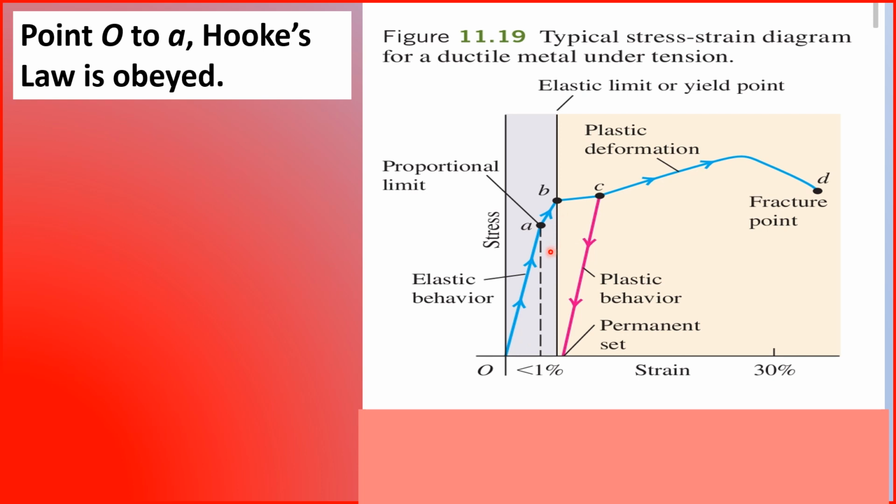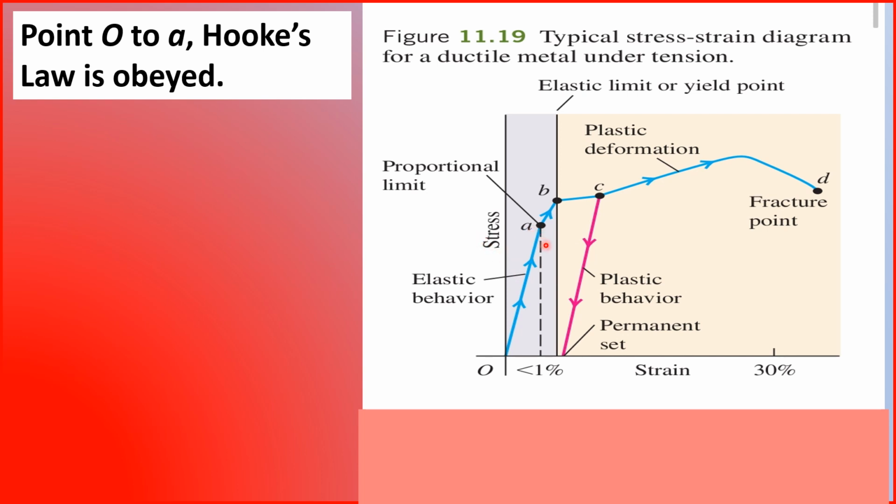So we call this point A the proportional limit. The straight graph line colored green shows the elastic behavior of this ductile metal that is under tensile stress.